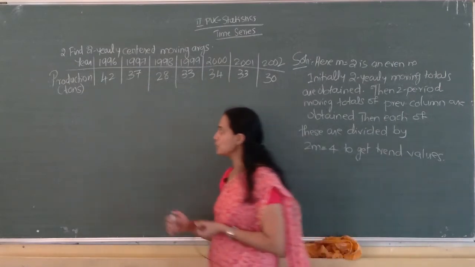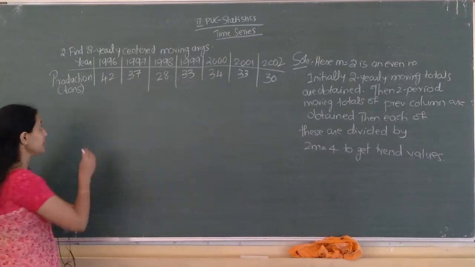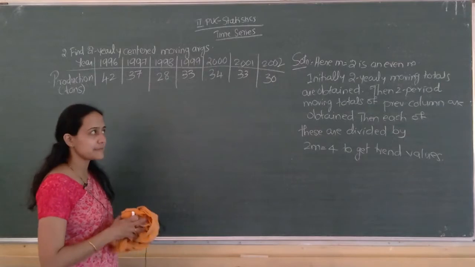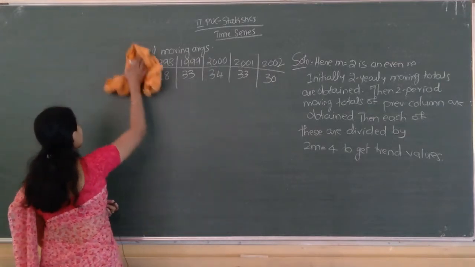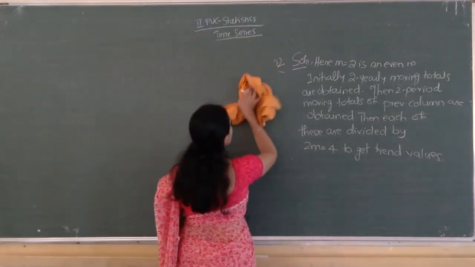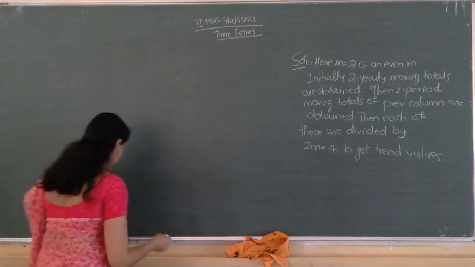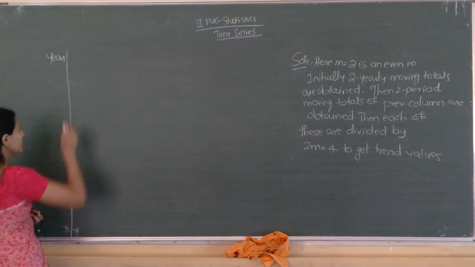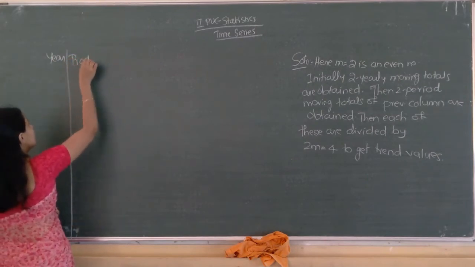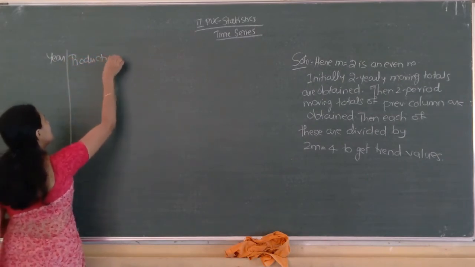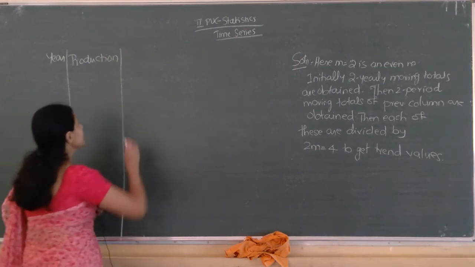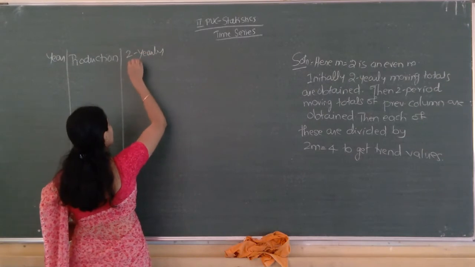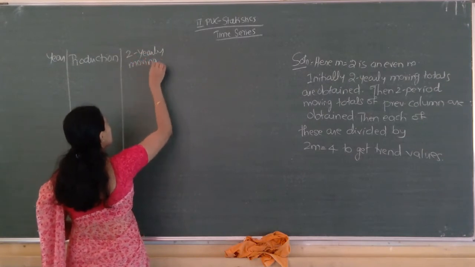Next we will do year production. From here onwards I will write. So here also we have to leave the spaces. I will rub the question here. Year and production in tons. Third one is 2 yearly moving totals.